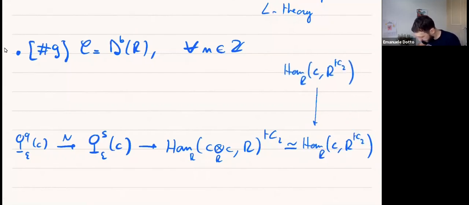And I'm going to do something innocent. I'm going to take the n-connective cover of the Tate construction.